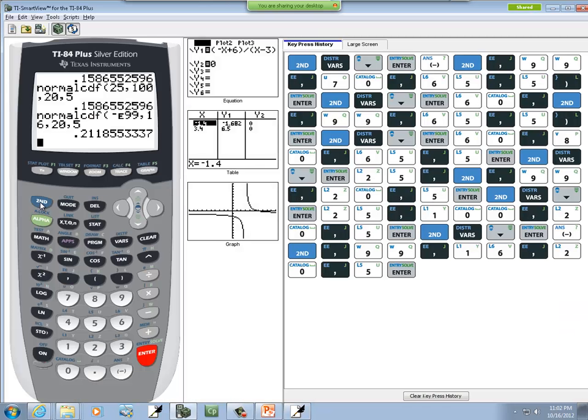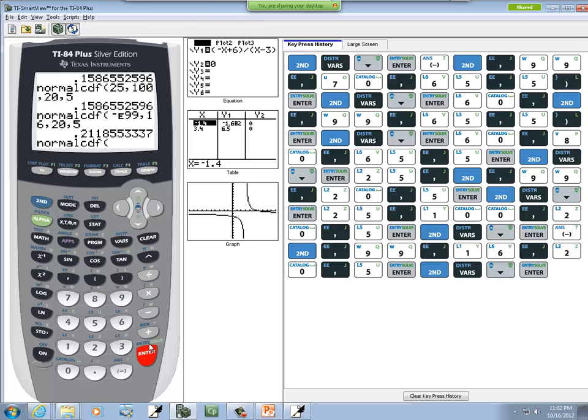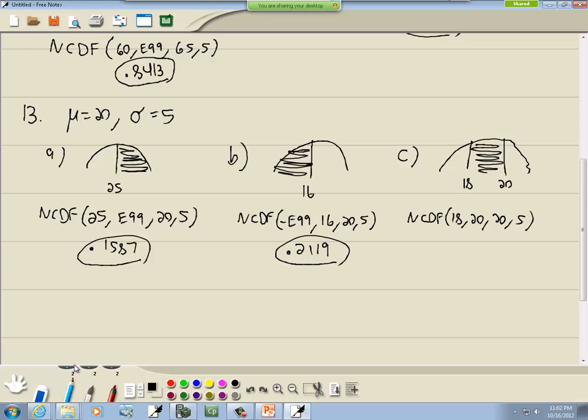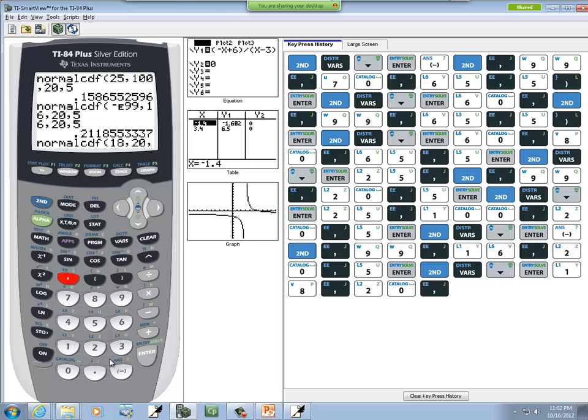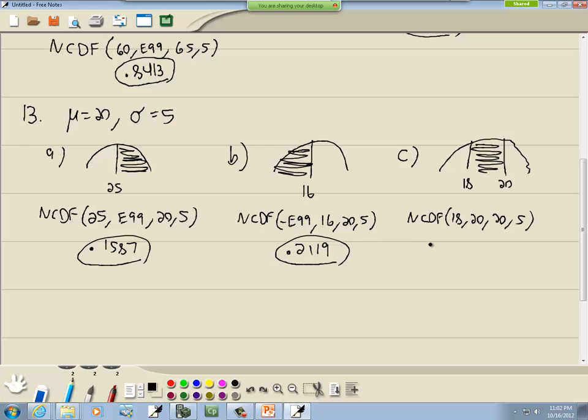So 2nd Vars, normalcdf, 18, comma, 20, comma, 20, comma, 5. Enter. 0.1554.